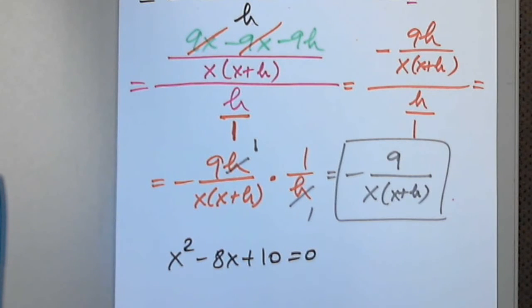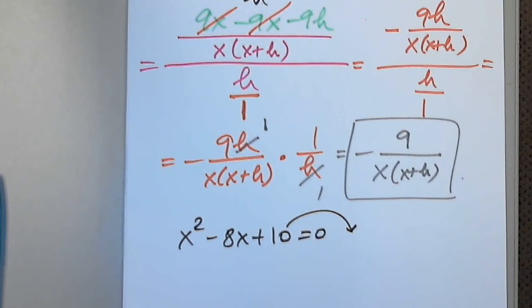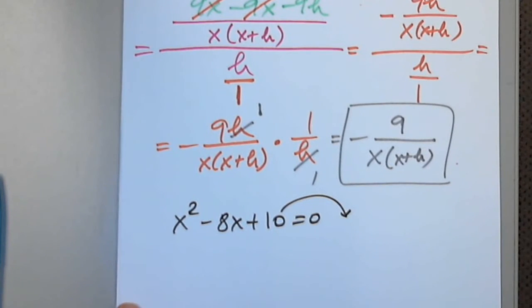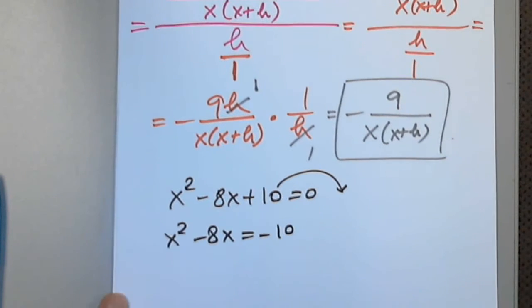So I learned something yesterday, and I think it's a good explanation. She said, I want to get rid of that 10 because it may be tempting for me to combine it with something else. So let's do that first.